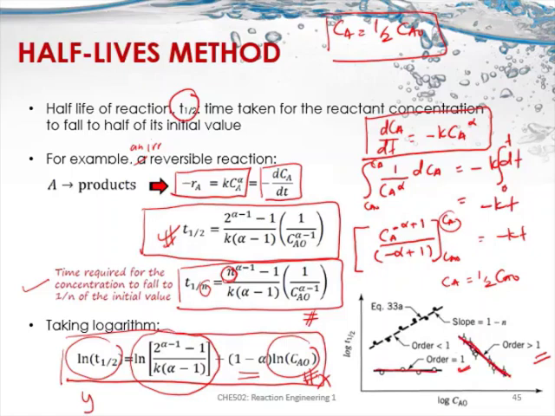And if the order is less than 1, for example 0.5, then you'll have a positive slope, with an increasing trend for ln t half versus ln Ca naught.